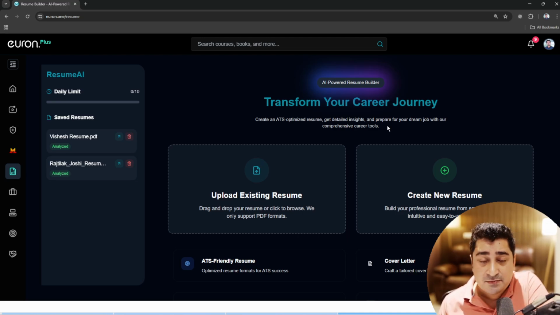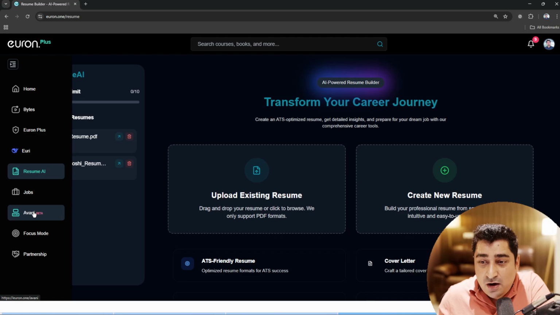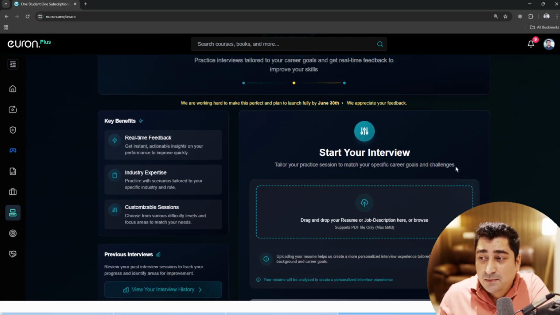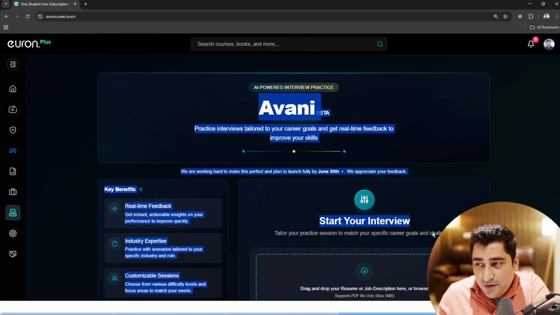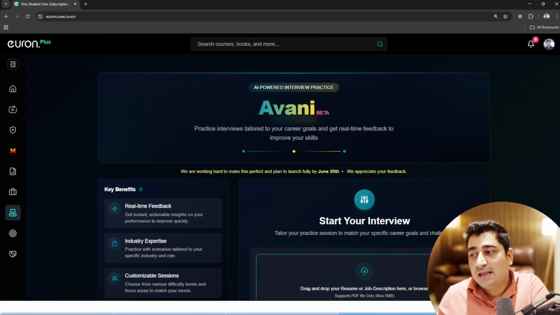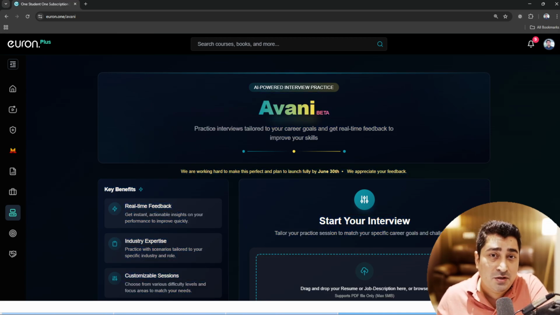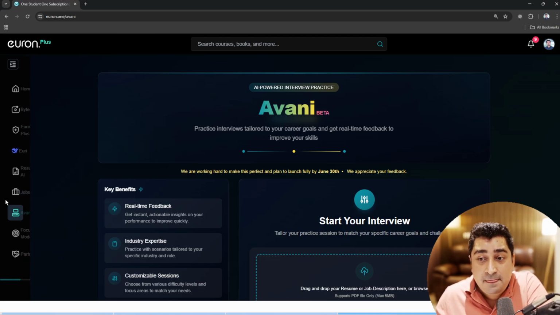It is going to generate some sample projects as well. This is one of the systems. We also have something called Avni. Avni is a conversational system, so you can upload your JD or your resume and chat with Avni. Avni is not that stable as of now, but you can chat with Avni, and it is going to ask you follow-up questions and help you with your interview preparation. Again, one of the applications: conversational AI.